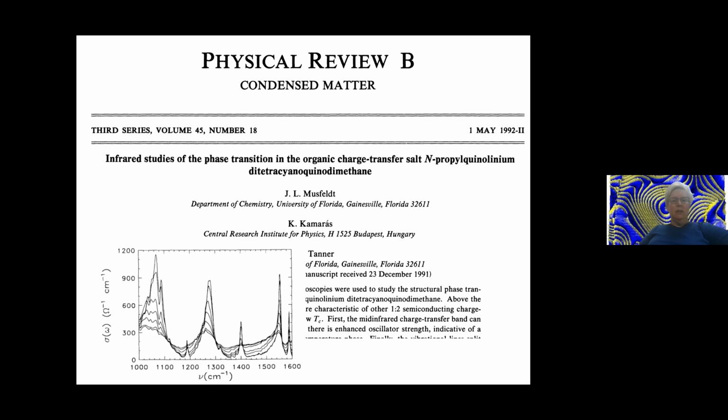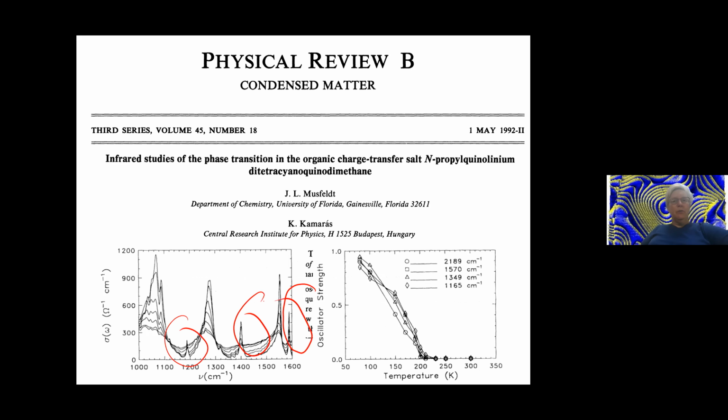And it turns out that if you have a look at the spectroscopy, what you see below the structural phase transition temperature is actually not only evidence of the structural transition, but of the charge ordering. You get this dimerization of the vibrational modes with all of these extra side peaks. And it turns out you can use their oscillator strength as an order parameter.